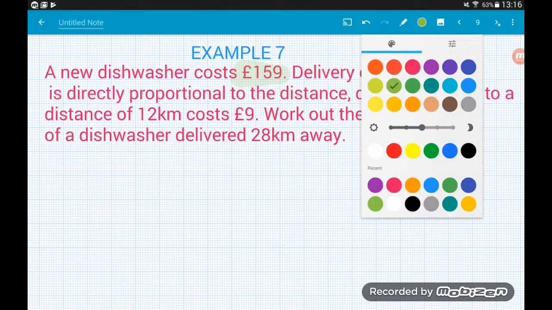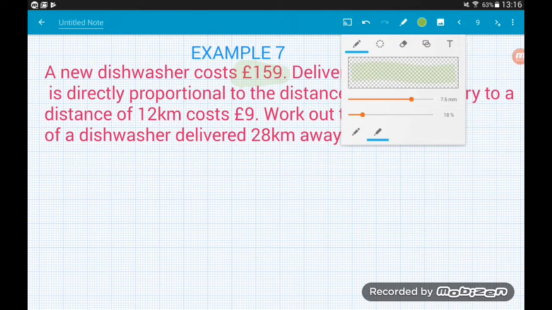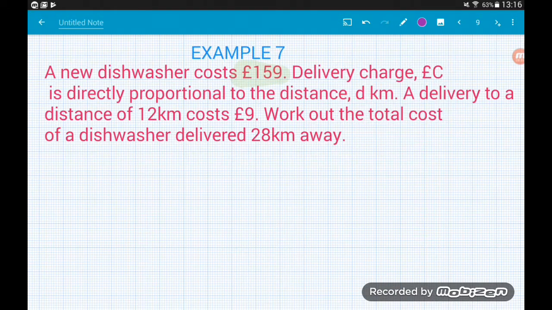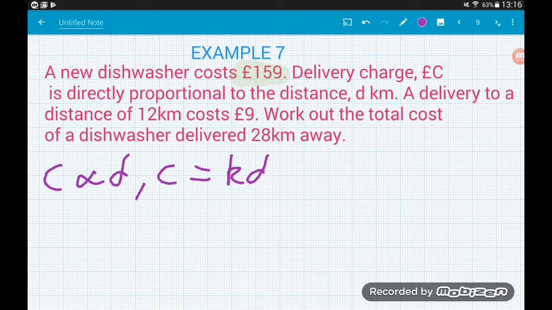Now instead of reading that over and over again, we can turn that into a proportion. So we know that cost is directly proportional to d. So that's that big sentence turned into a nice small proportion. And then we can even write the equation there. So we know that C is equal to K times the distance.